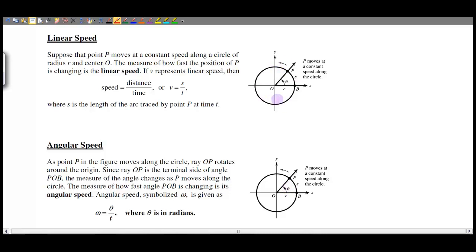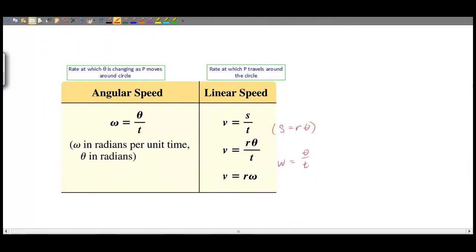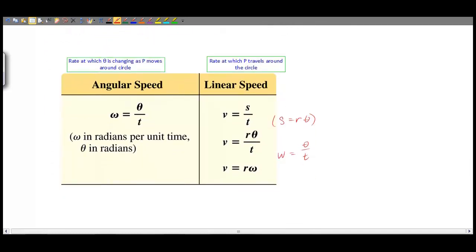Now that we have an idea of what these two terms mean, let's summarize their formal formulas. Angular speed is represented as W equals theta over time, where theta is in radians. So the units would be radians per time. Linear speed looks like a lot of formulas, but they're really just one formula in different forms.